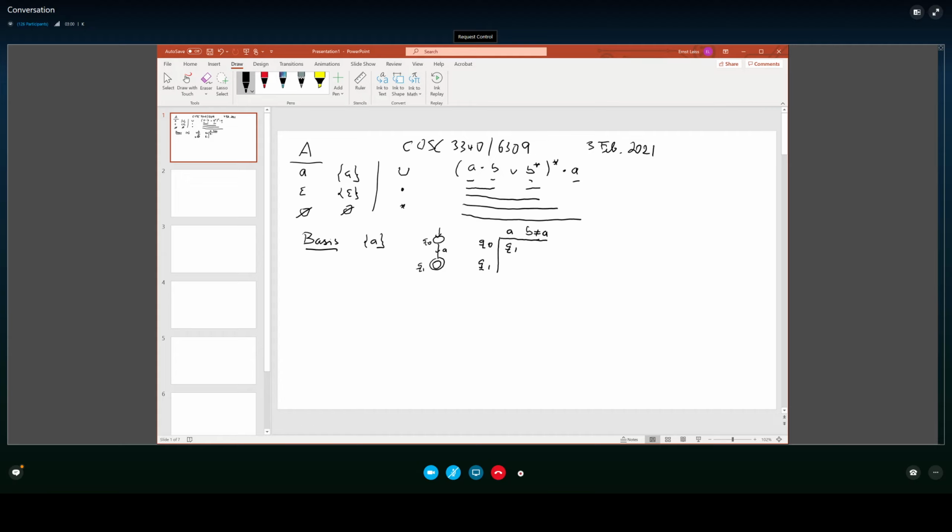Under B, other than that A, we don't go anywhere. From Q1 under A, we don't go anywhere, and from Q1 under any other letter, we don't go anywhere. The initial state is Q0, and we have exactly one final state, which is Q1.